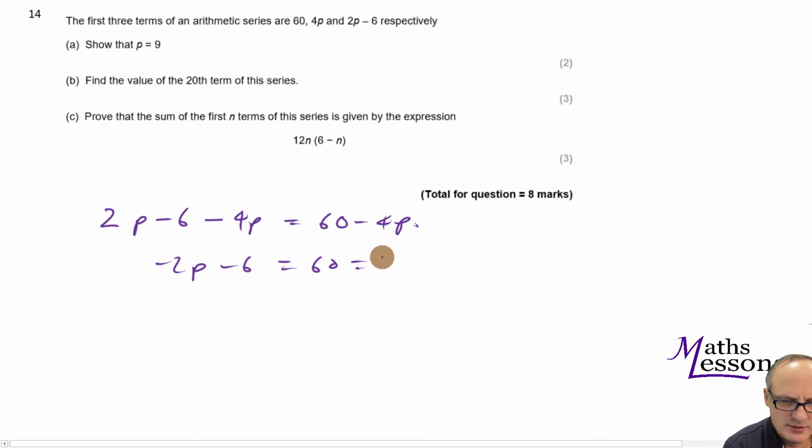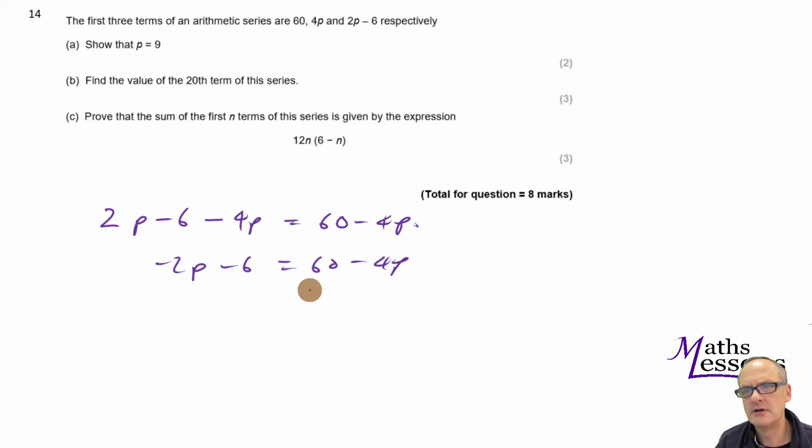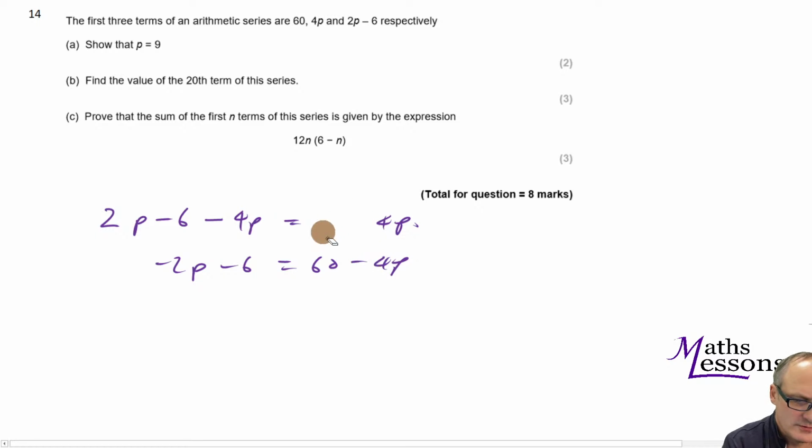Is 60 minus 4p, and I did a double mistake that corrected it. I'm struggling to see where I've gone wrong. I know what I've done wrong. Sorry, I haven't written down what I said. So I said 4p minus 60, didn't I? There we go. That will give me the right answer now.